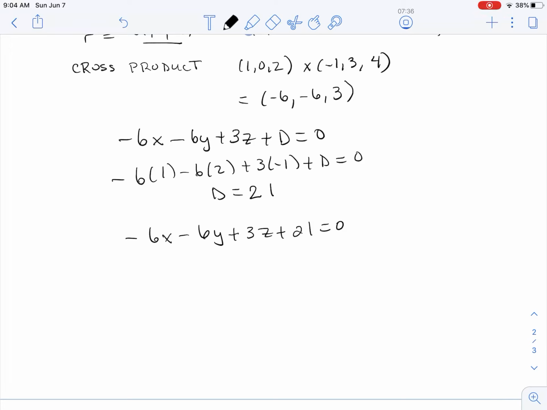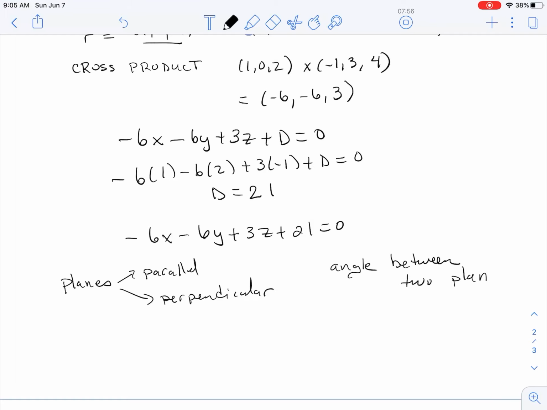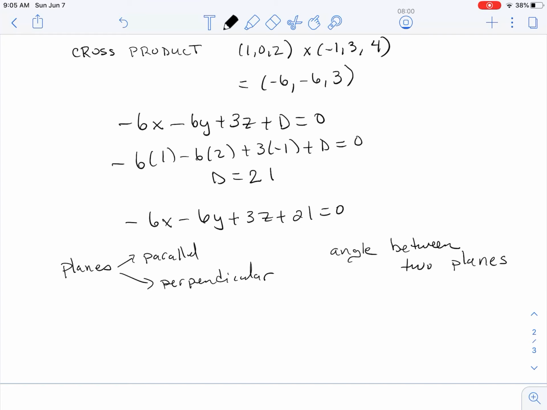Okay, now when you get the normal vector of a plane, you can use it to determine if the planes are parallel or perpendicular, and to determine the angle between two planes, just like you did with the lines with the normal vectors.